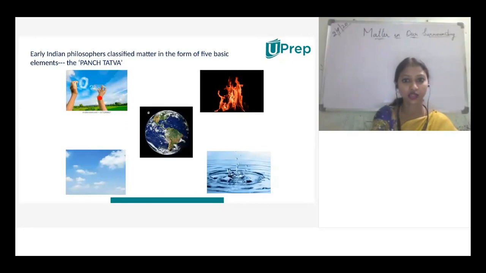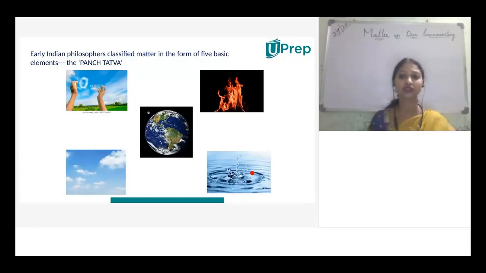The earlier Indian philosophers classified matter into 5 basic elements. What are the 5 basic elements? Air, earth, fire, sky, and water.